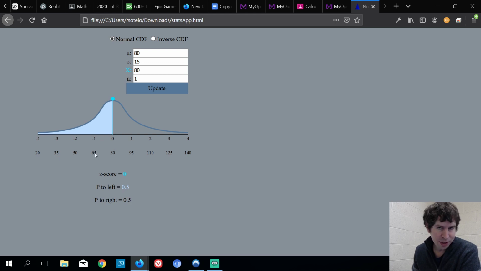One standard deviation, 15 units below that, is a z-score of -1, which would be at 65 units. One standard deviation above would be 95 units. At that point, about 84% of the trees would be less than that height, whereas about 16% would be taller than that height if they matched a normal distribution.